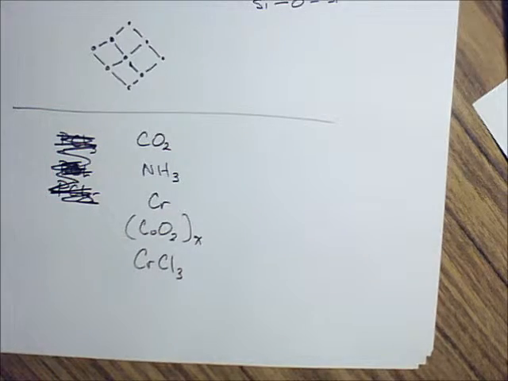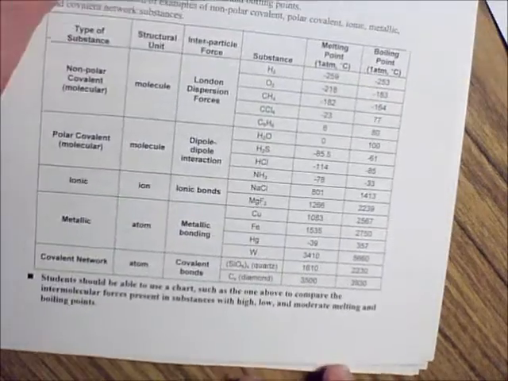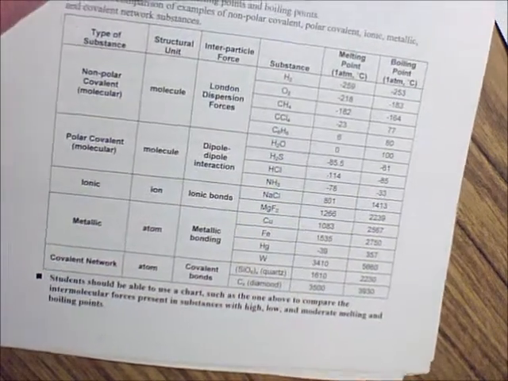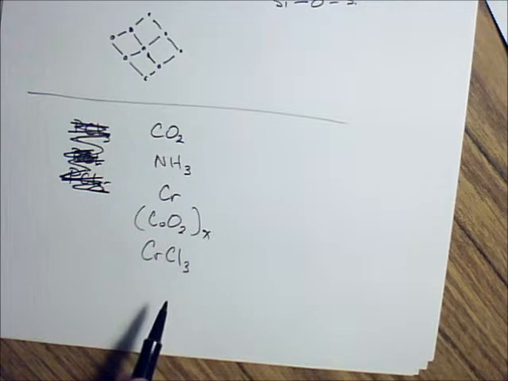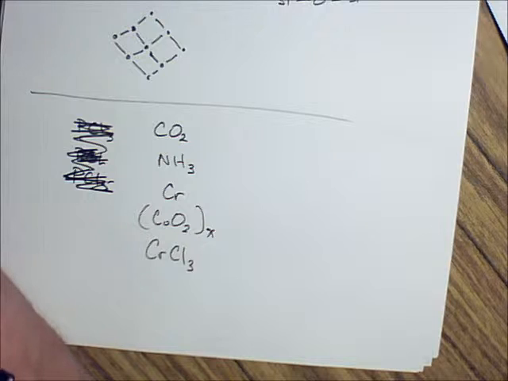All right, here are four substances. And based on the behavior that we went through in this chart, and in this table, which you have in your unit handout, we need to try to figure out which of these are likely to have the lowest melting point and which is likely to have the highest melting point.